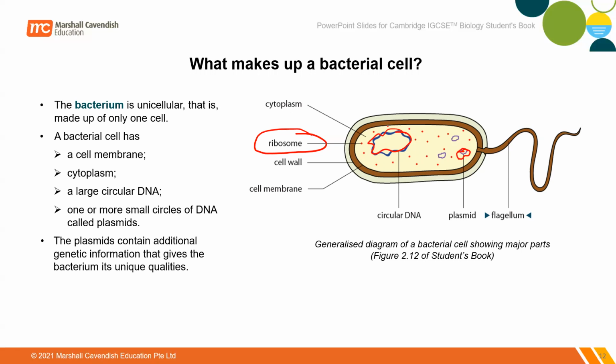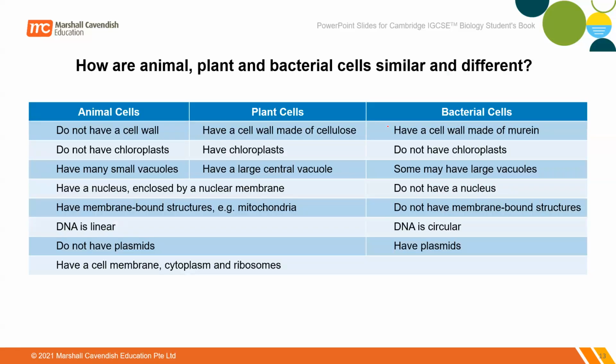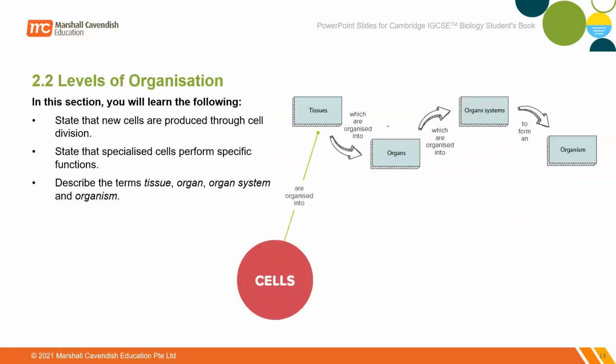Okay, that's all we mentioned about bacteria. It has a cell wall made up of murein, or this type of carbohydrate. So if you want to differentiate between animal, plant cell, and bacterial cell, this table has been designed for you, summing up everything related to the differences between all of the cells.